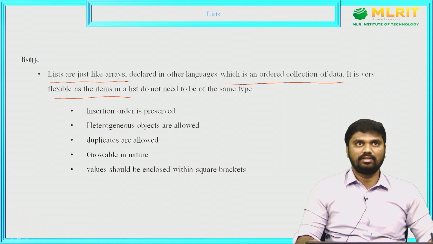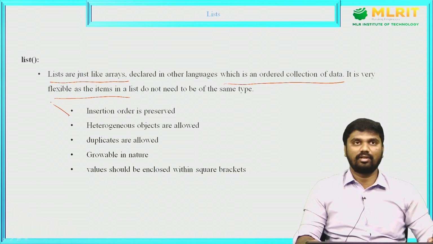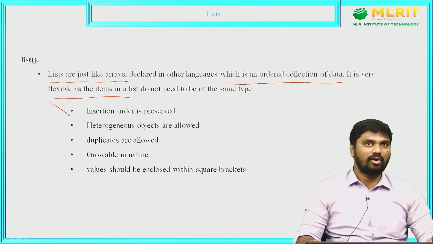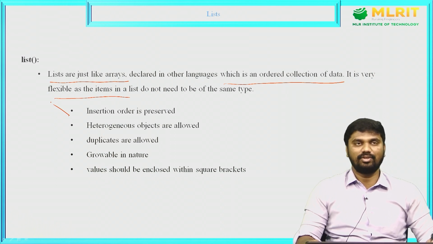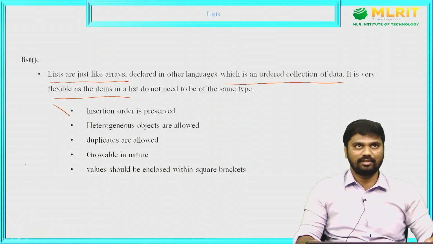So when do we use this list data type? If you want to store a group of elements as a single entity where insertion order is preserved, heterogeneous objects are allowed, duplicate elements are allowed, and size is not fixed, then you can use the list data type.